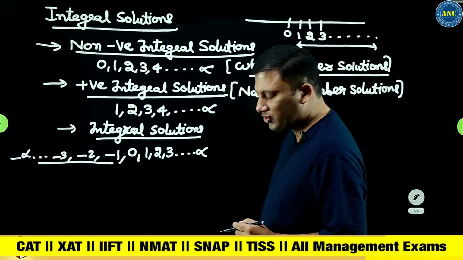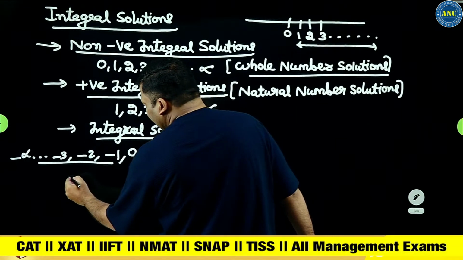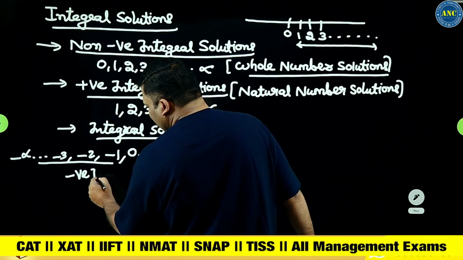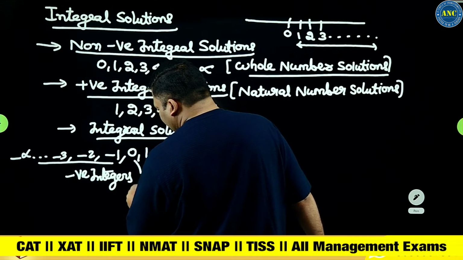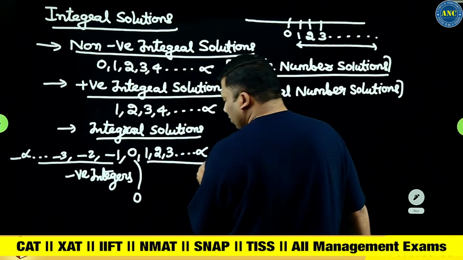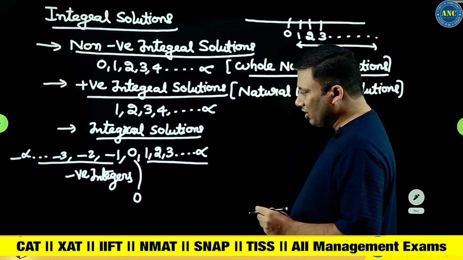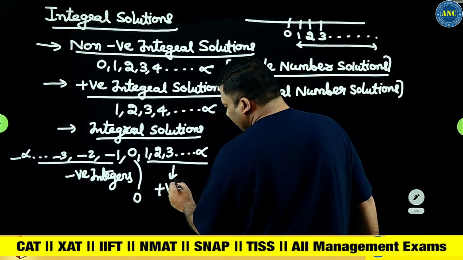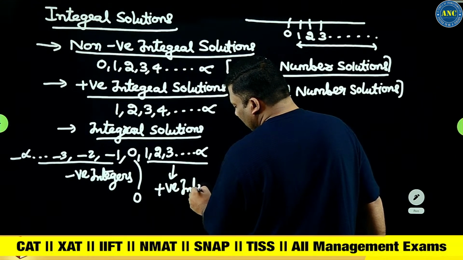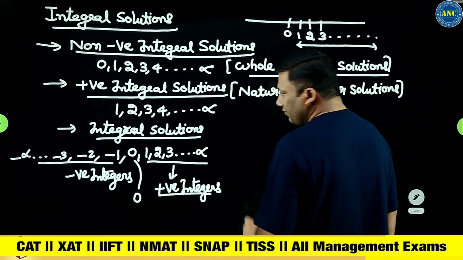Integral solutions means I need to take negative integers, I need to take 0, and to the right side of 0, positive integers.